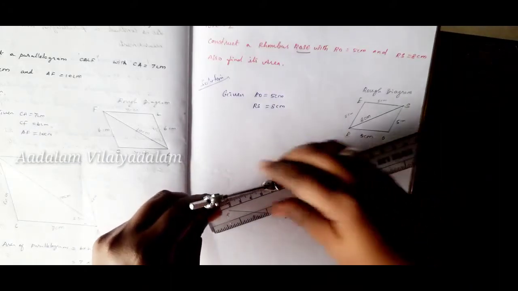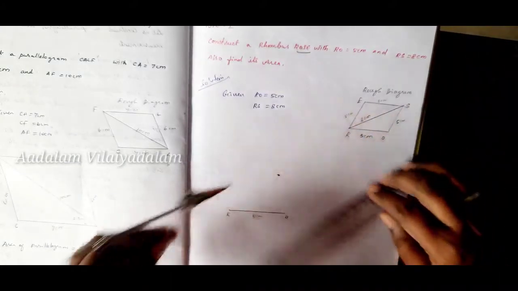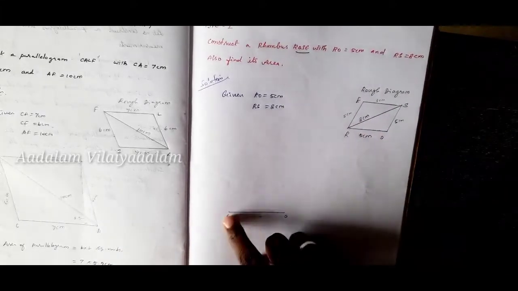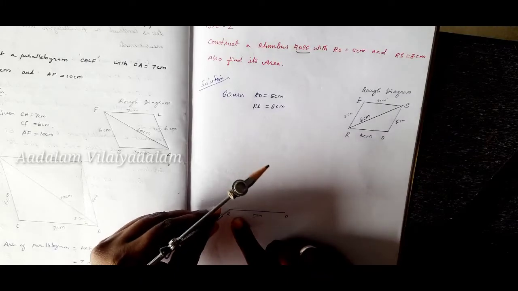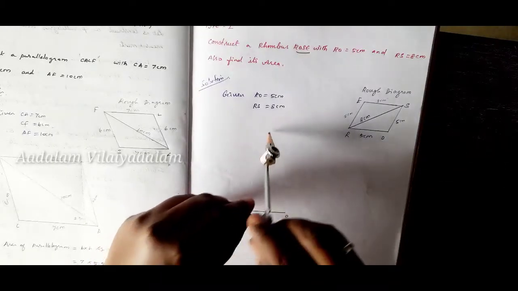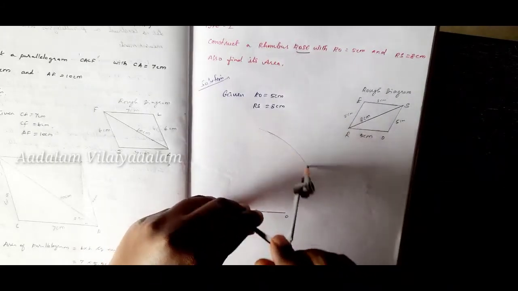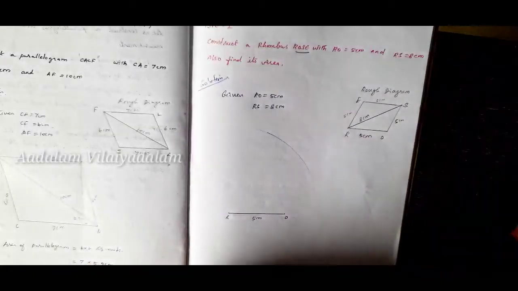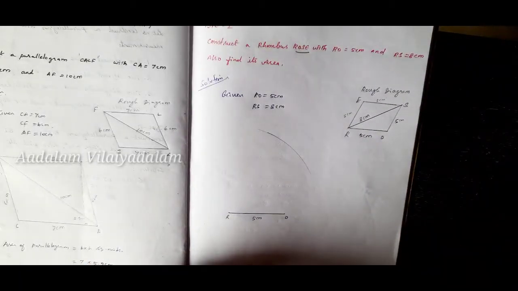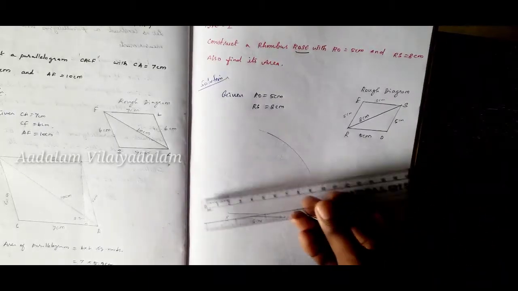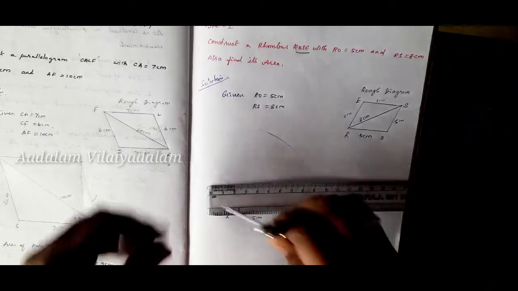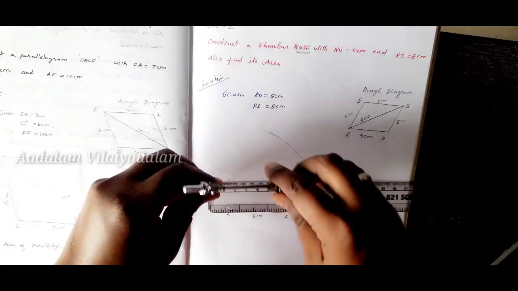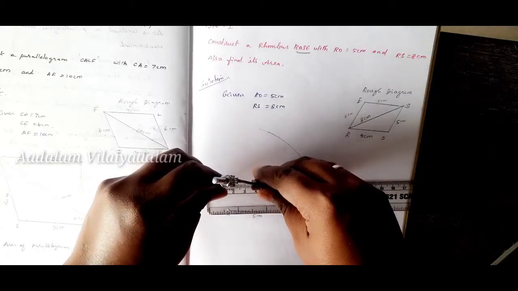And after taking this 8 cm, to draw RS, keep the tip of the compass at R and draw the arc and again take the measure of 5 cm to draw the OS. 5 cm in the compass.